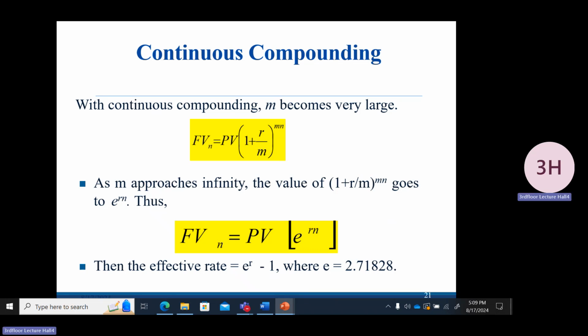If the investment is for 10 years, then n is 10. So what is the future value in 10 years, or at the end of 1 year? What is the answer?